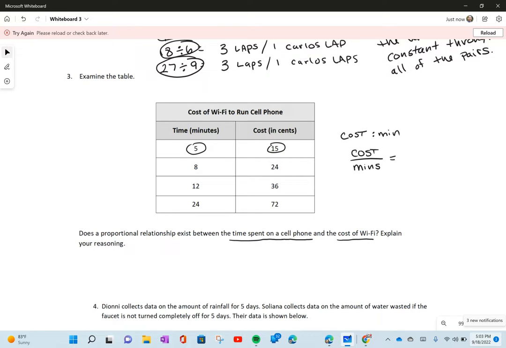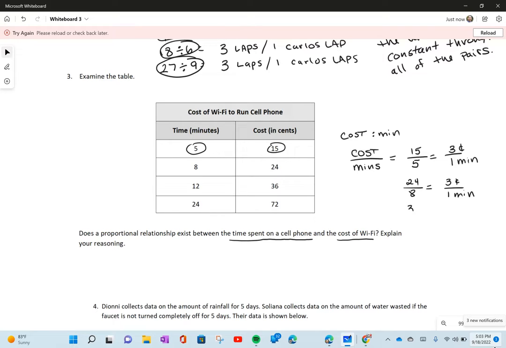So let's see what the cost is. If it were 15 cents for 5 minutes, that would give me a unit rate of 3 cents per 1 minute. If we change that cost to 24, but instead of 5 minutes, talk for 8 minutes, that is still 3 cents for every 1 minute.